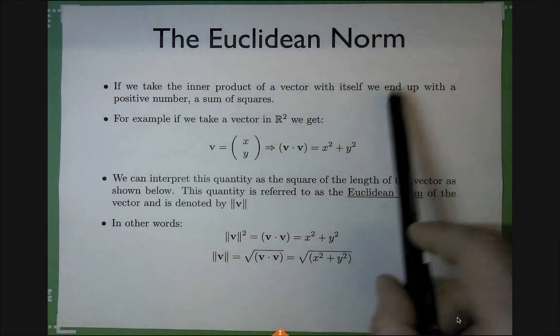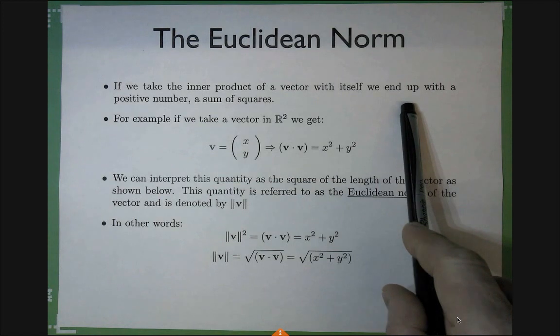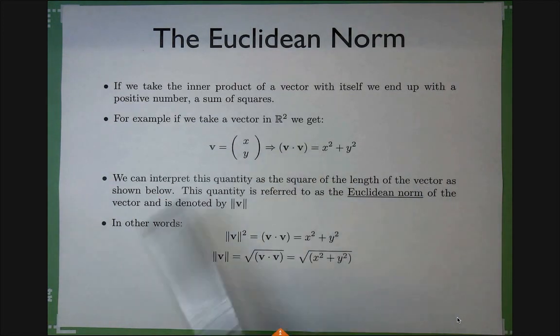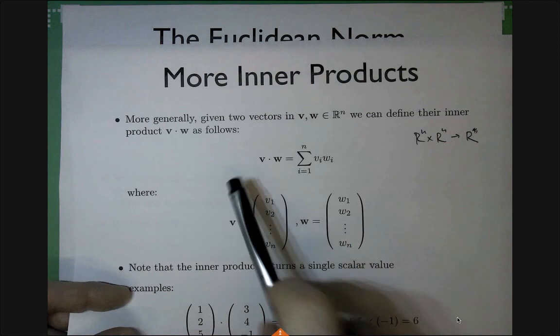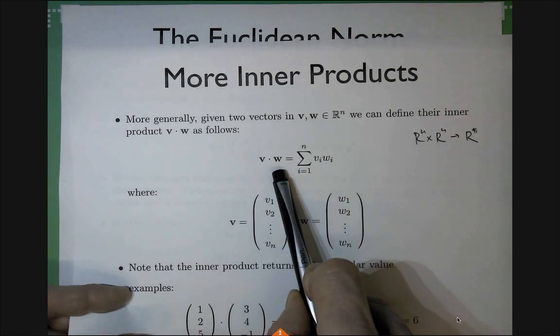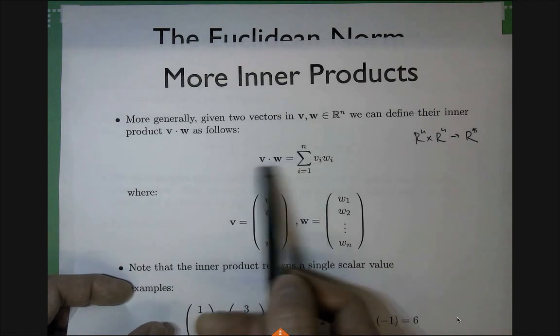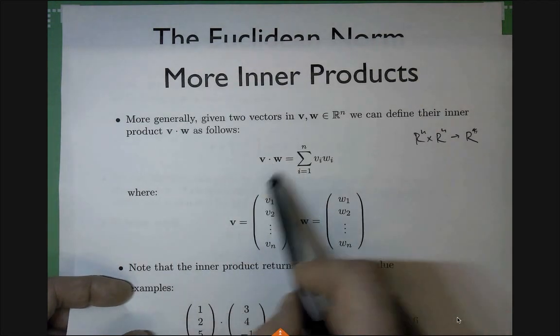So the Euclidean norm squared is essentially the inner product of a vector with itself. So that's a special case, right? Because here I defined the inner product for v dot w, but nothing prevents me from taking v in place of w.